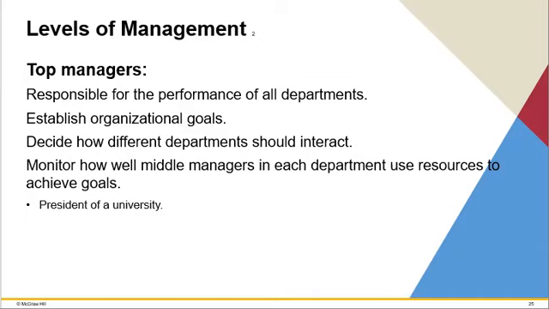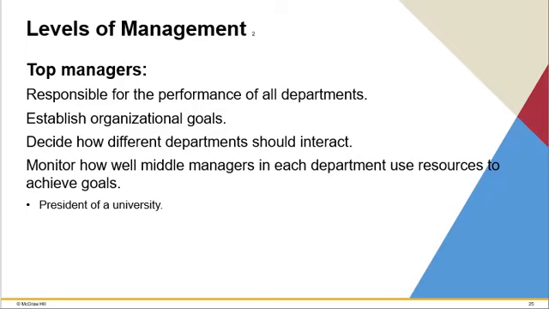However, untuk top managers, dia orang akan responsible kepada the performance of all departments. Okay. So kadang-kadang GM pun di bawah top managers juga. Alright. So top managers are responsible for the performance of all departments. They have cross-departmental responsibility. Okay, diorang akan oversees everyone.